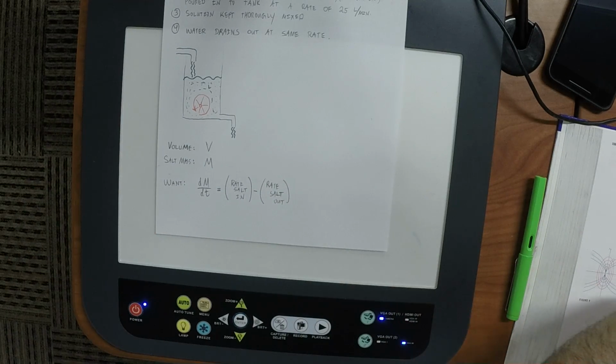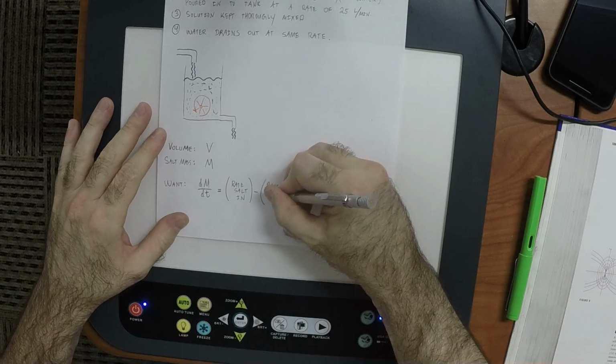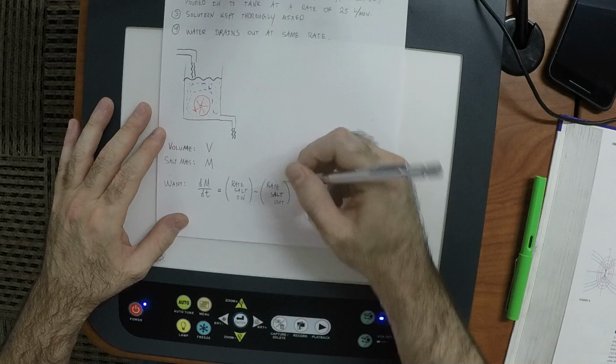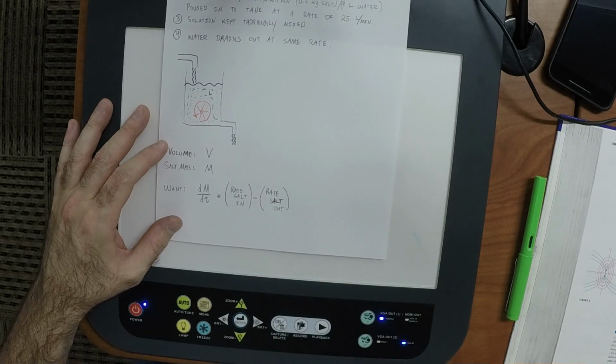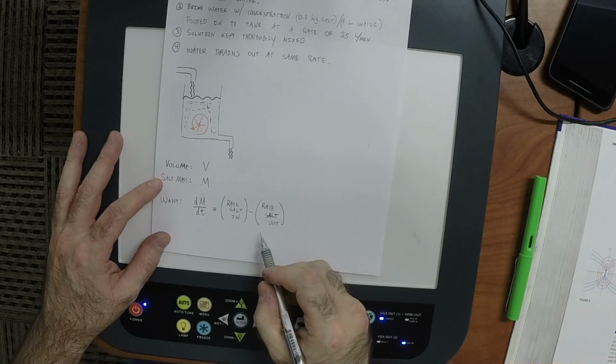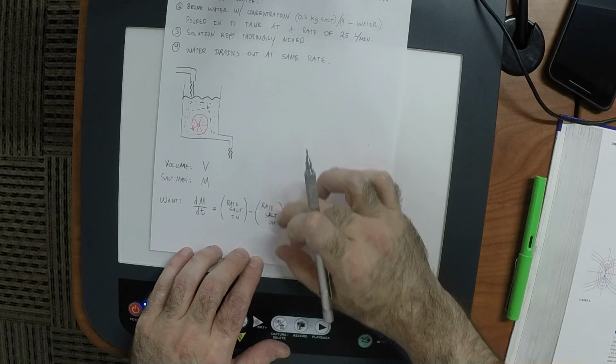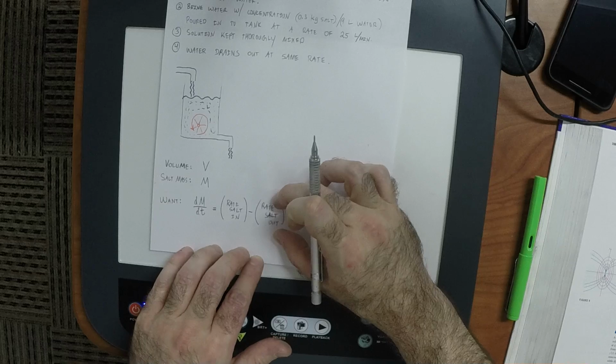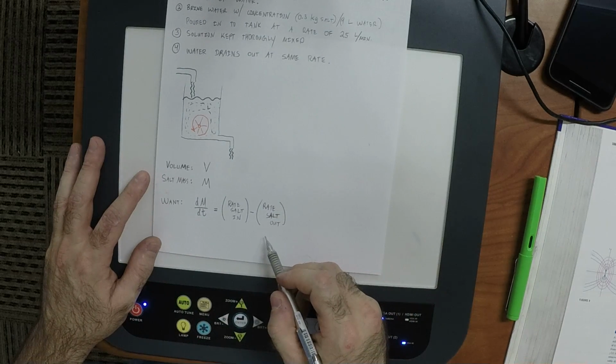All right. So let's address this. How can we address it? Let's think. The rate at which salt is going out, so what's the concentration of the salt?